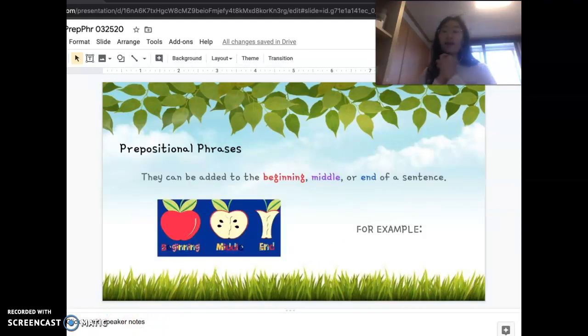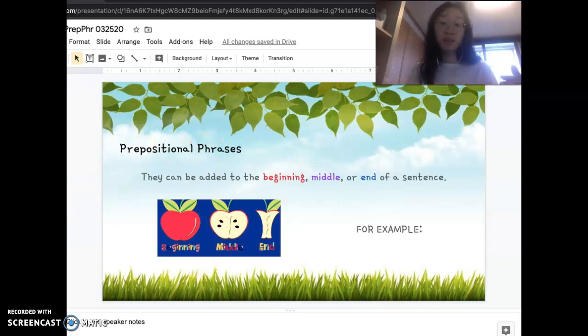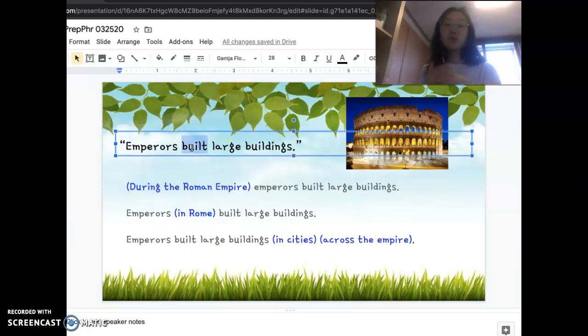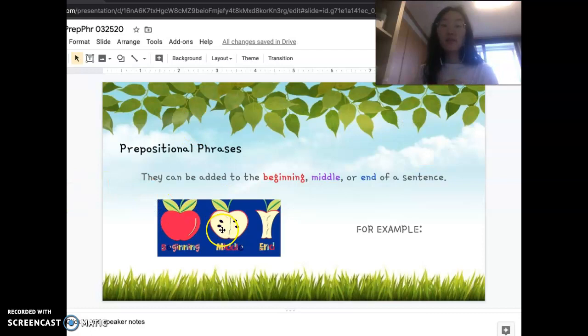Okay, and one thing to keep in mind is that I know most of the examples we looked at have prepositional phrases at the end of the sentence, but it's important to remember we can put these in the beginning, the middle, or the end. For example, let's look at this example: Emperors built large buildings. Now, we're going to see how the sentence changes when we put prepositional phrases in the beginning, the middle, and the end.